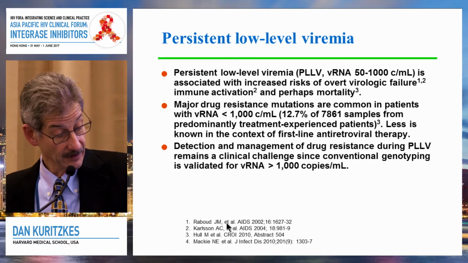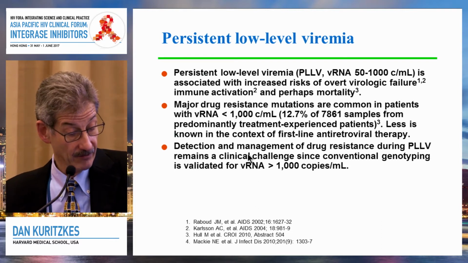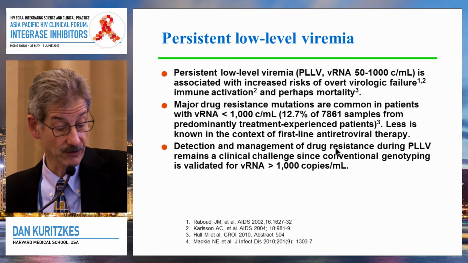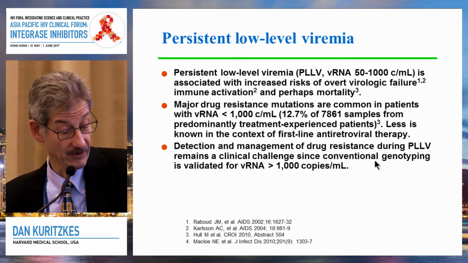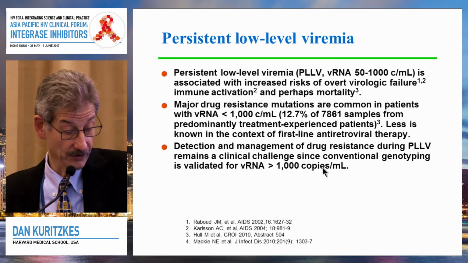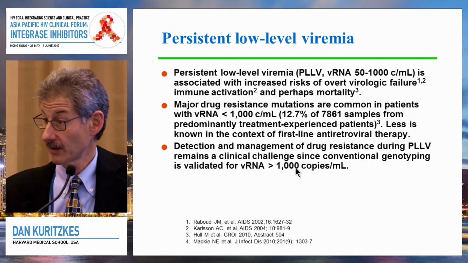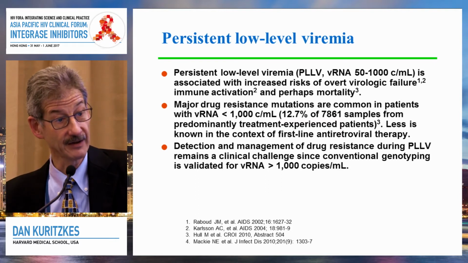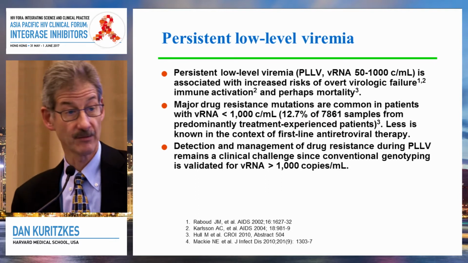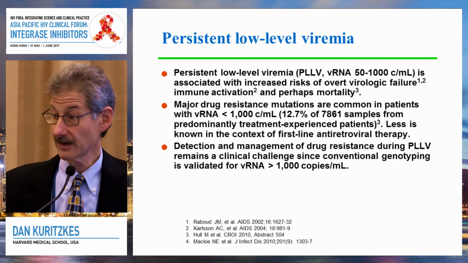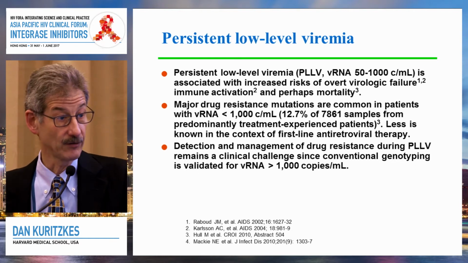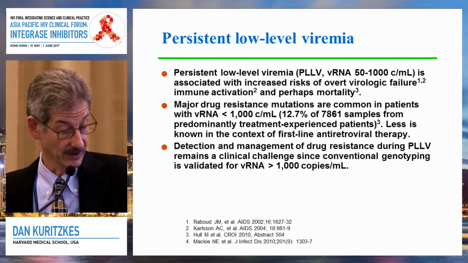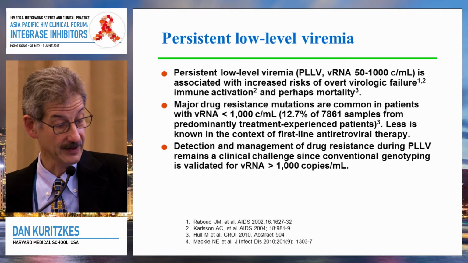And it's less clear what to do about low-level viremia, because the detection and management of drug resistance during persistent low-level viremia is a challenge, because most commercial genotyping laboratories only accept samples with a virus load above 1,000, because the tests are validated to 1,000 copies, even though from our own experience you can certainly detect resistance mutations if you can get a result down to 200 copies or even a little lower if you really push the assay.